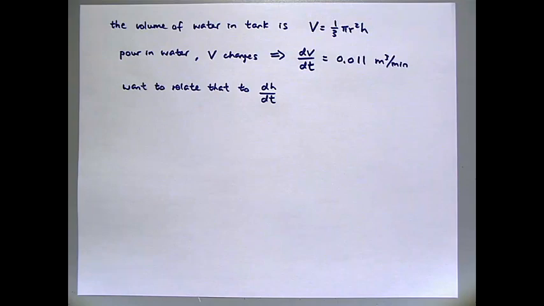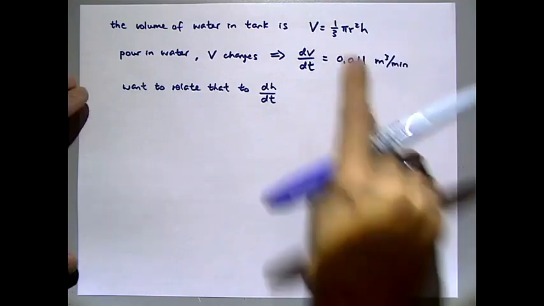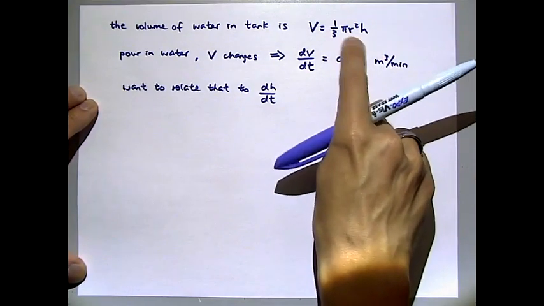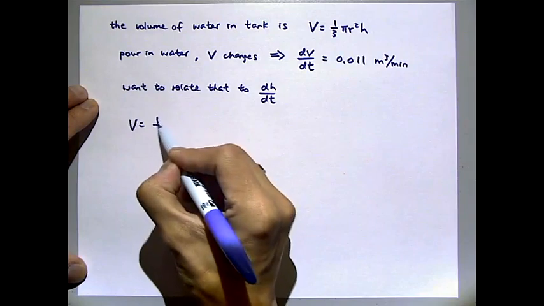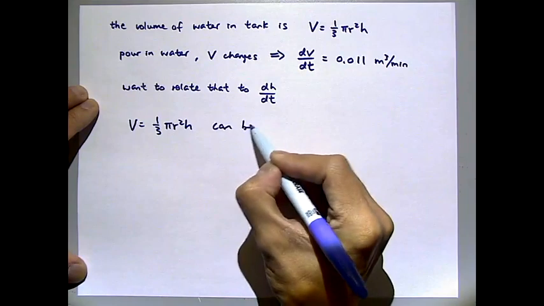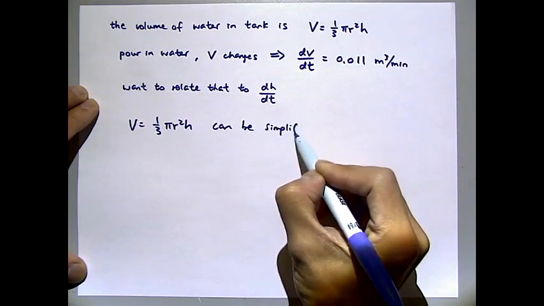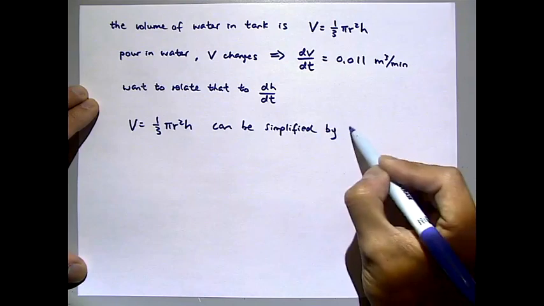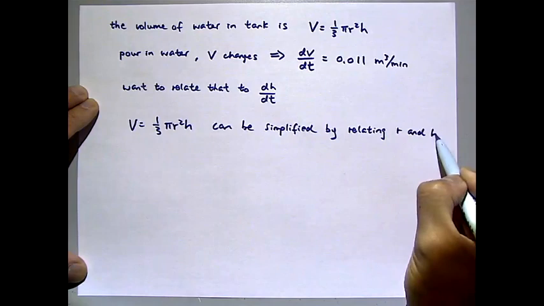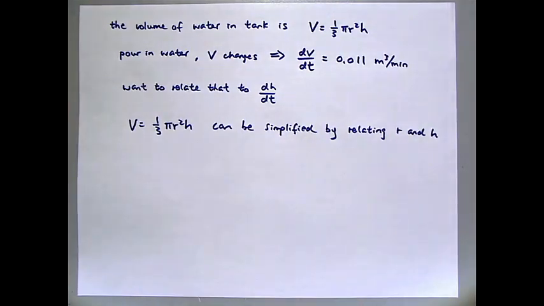They're obviously related. The more water there is, the higher the level. But precisely how is that related? Before we take the derivative, look at the right-hand side here. We've got R and H. We can actually simplify this equation by a lot if we relate R and H.